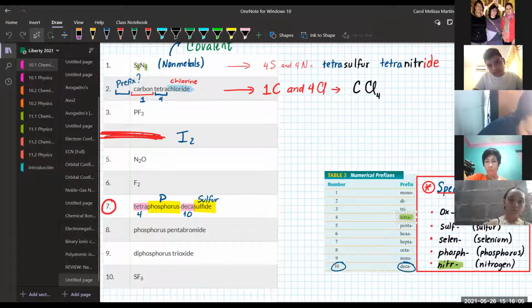So the formula for this is going to be 4 phosphorus and 10 sulfurs.